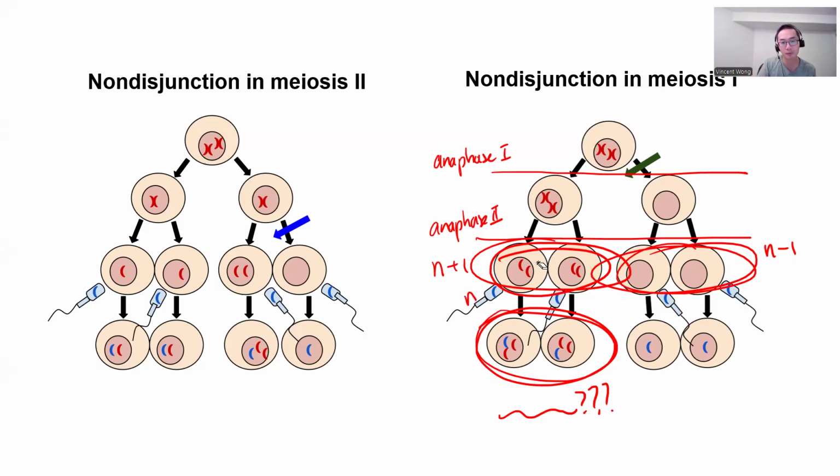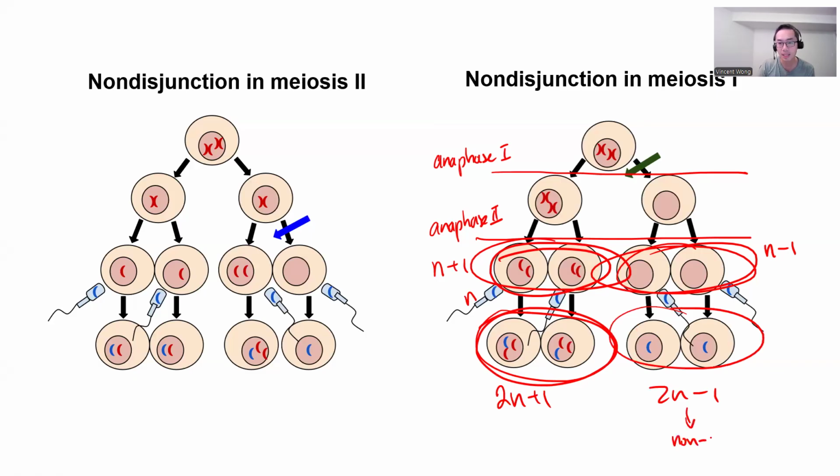So if the sperm fertilizes the egg, then it's N plus 1, which is 2N plus 1. Meaning these cells, they are going to have two full sets of chromosomes plus an additional one. Okay? Over here, these are 2N minus 1. They will have two full sets, but missing one.